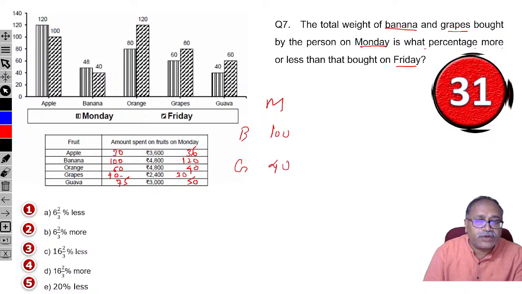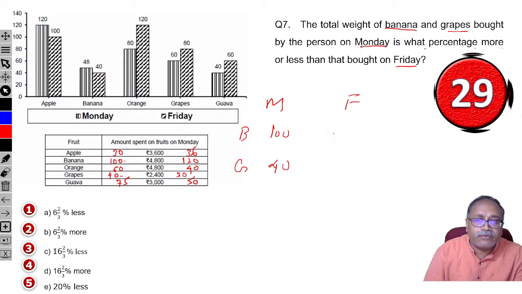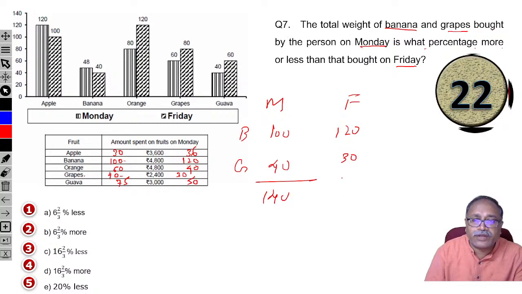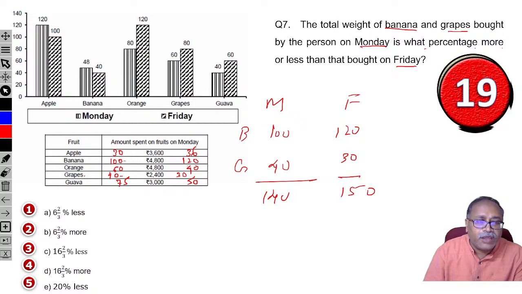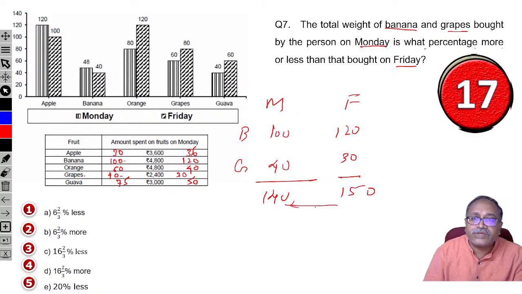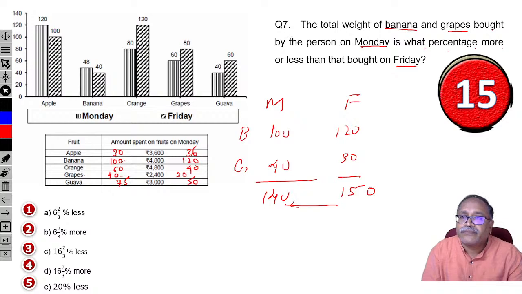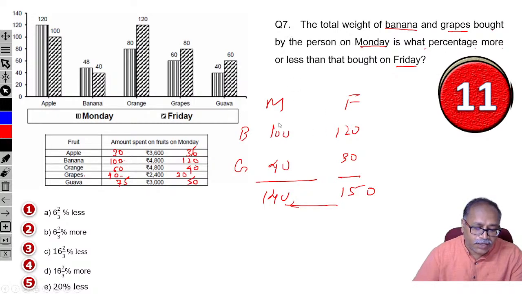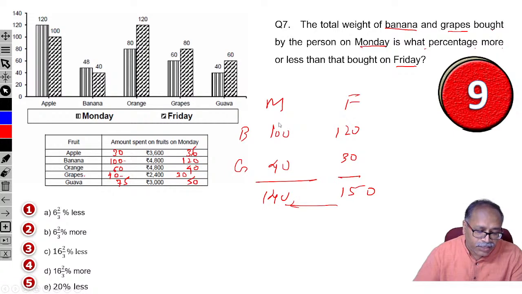This is an advantage of keeping the note of it. And about Friday, banana 120 and grapes 30. So now you can answer this: 140 and 150, and what percentage more or less.